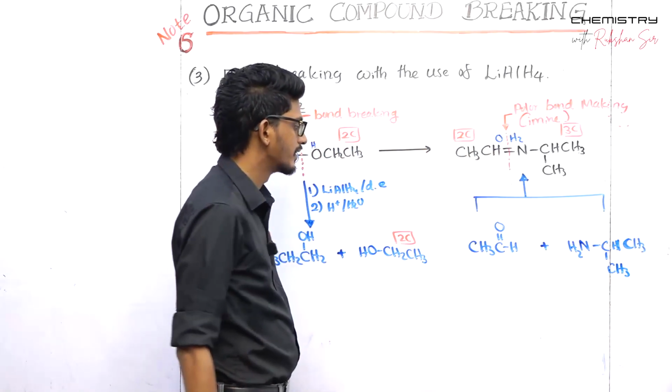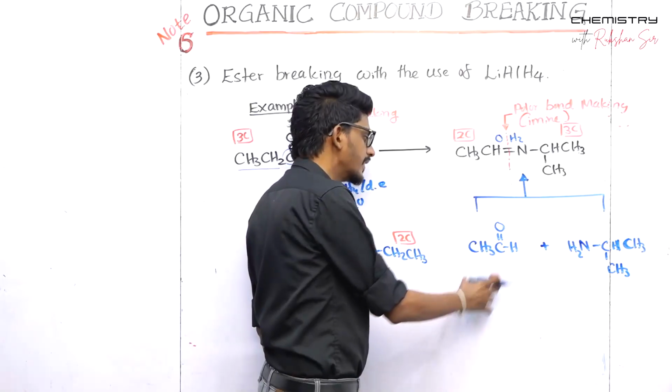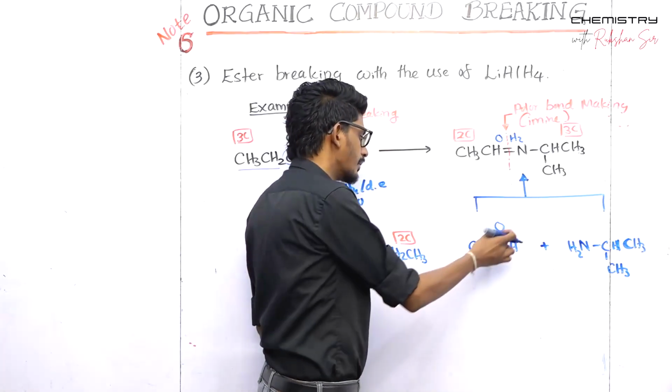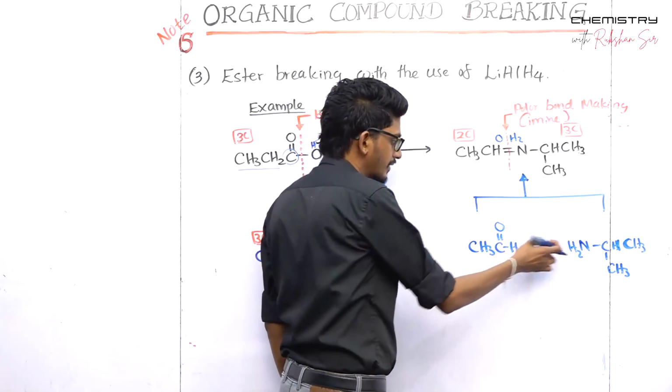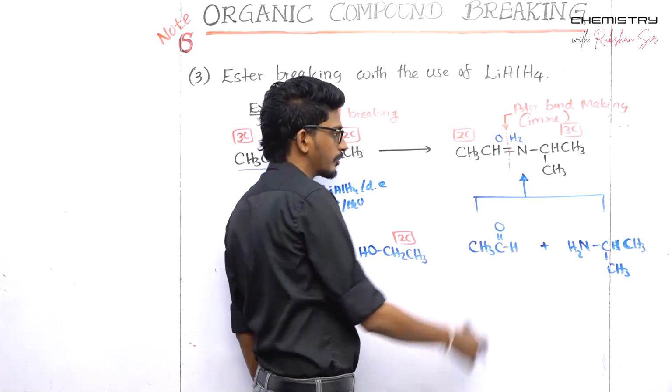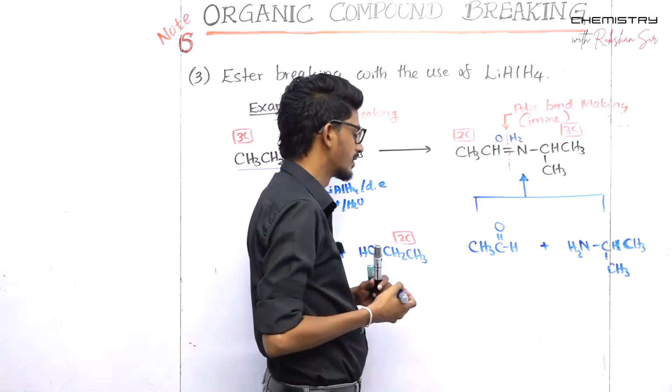If you react this aldehyde with this primary amine, this double bond oxygen and these 2 hydrogens will leave, and this carbon and this nitrogen will connect. That is how we come up with the final product.